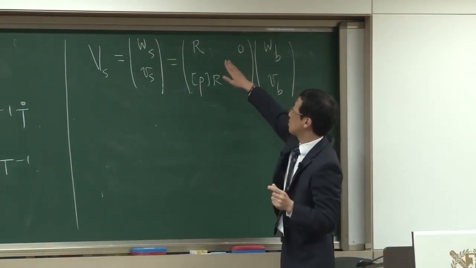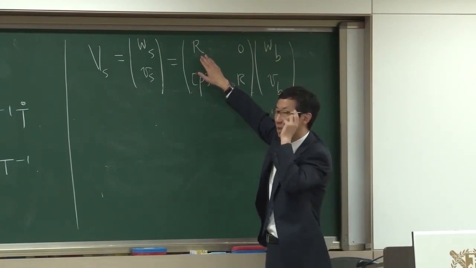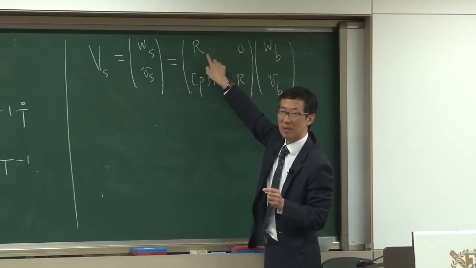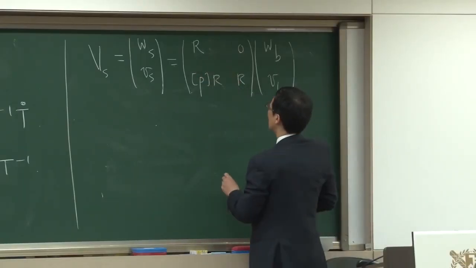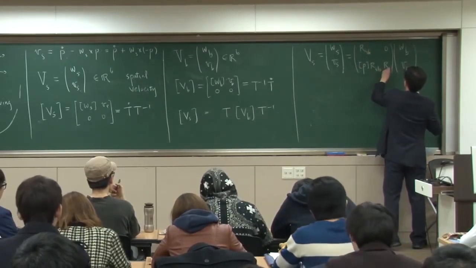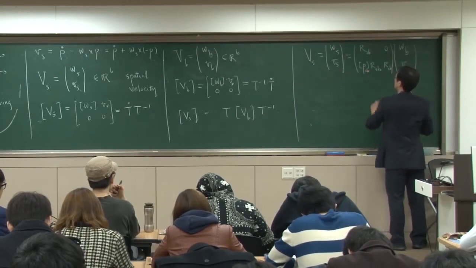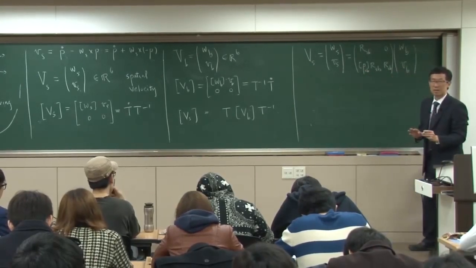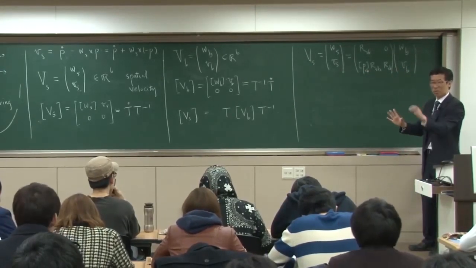I said earlier that to keep the notation simple, I'm going to just write R instead of RSB, and P instead of PSB. But here's a good time to instead write RSB, RSB, PSB. So use the full notation.